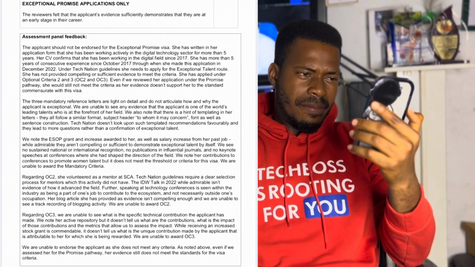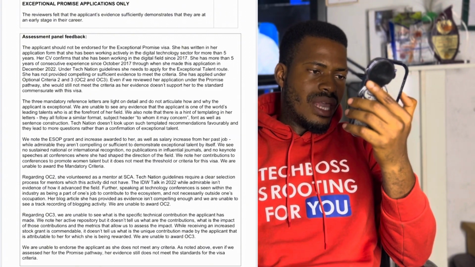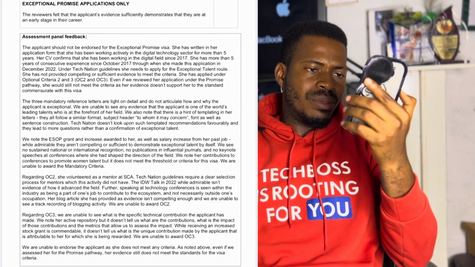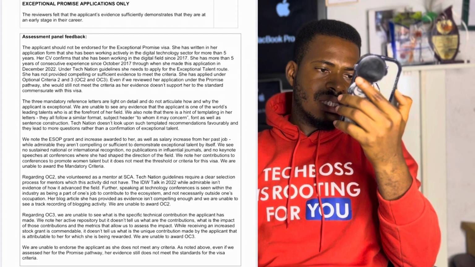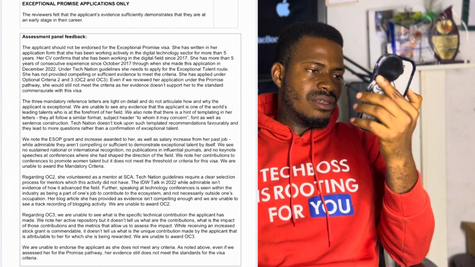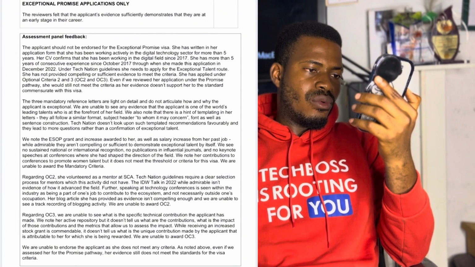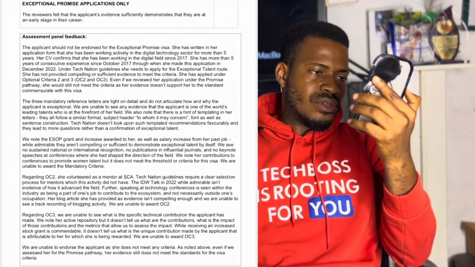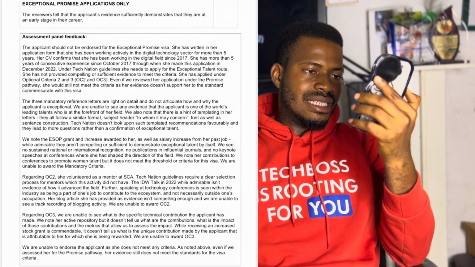So yeah, that's it. The last one, regarding OC3: we are unable to see what is the specific technical contribution the applicant has made. We note her active repository, but it doesn't tell us what the contributions are, what is the impact of those contributions, and the metrics that allow us to assess the impact.